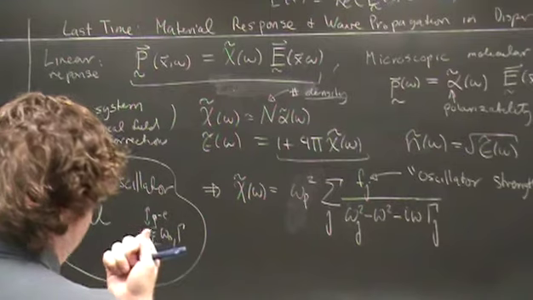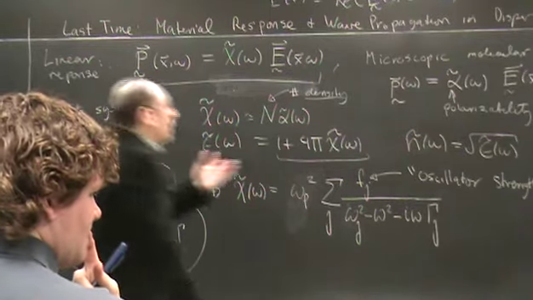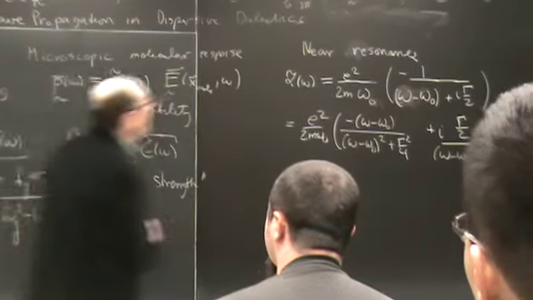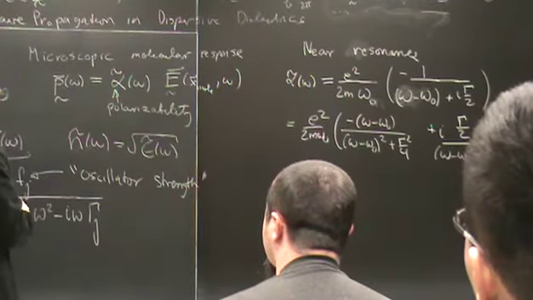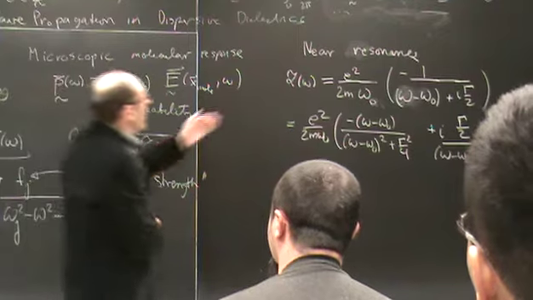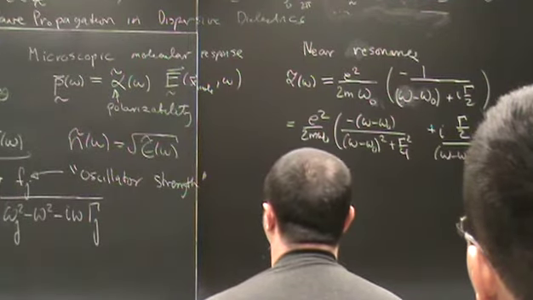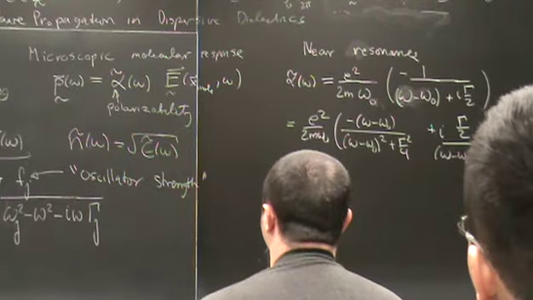And from that, we were able to derive the polarizability, as written here, the complex polarizability by solving the steady state behavior of the damped simple harmonic oscillator. And from that, we can get the susceptibility.